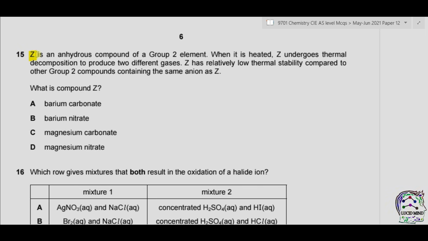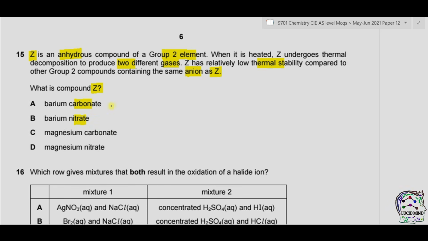Question 15. Z is an anhydrous compound of a group 2 element. When it is heated, Z undergoes thermal decomposition to produce two different gases. Z has relatively low thermal stability compared to other group 2 compounds containing the same anion as Z. What is compound Z? In the given options, we have carbonate, nitrate, again carbonate and nitrate.